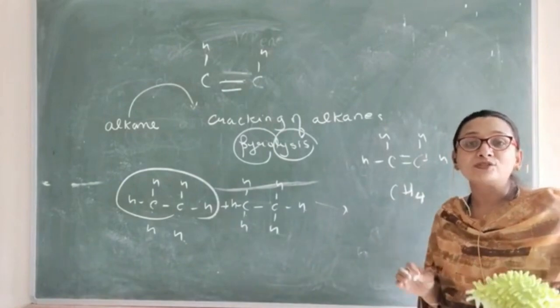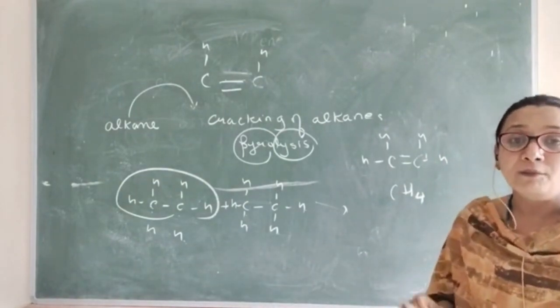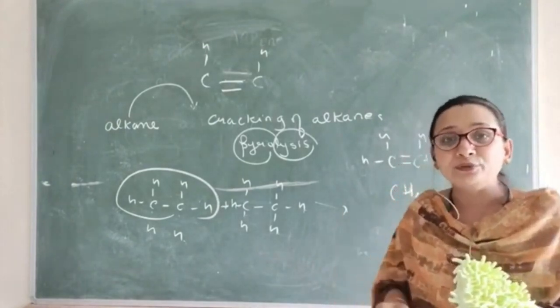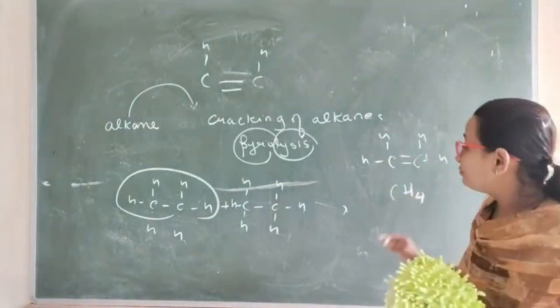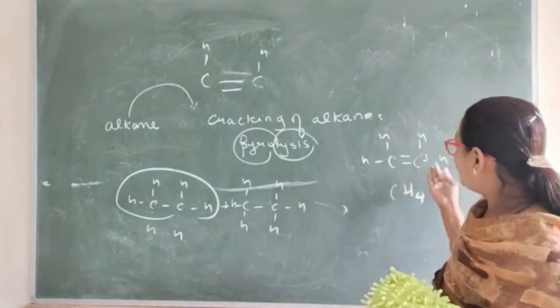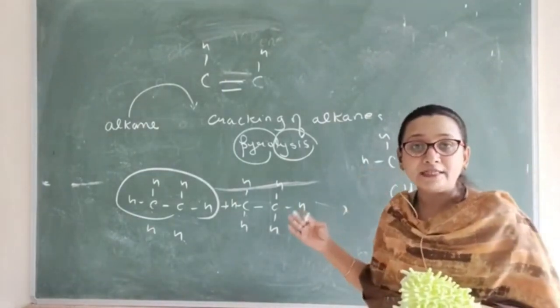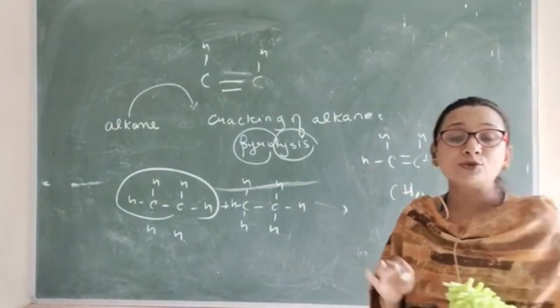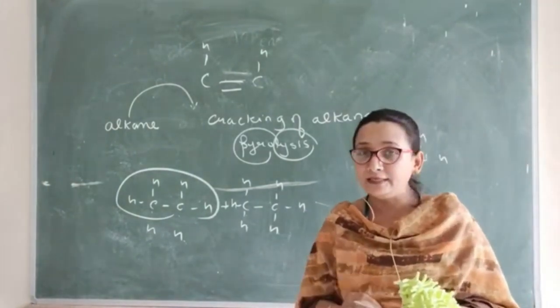This is what is called pyrolysis. That means the compound is getting broken down into smaller pieces of alkanes or smaller pieces of alkenes. So this is what we have discussed about the methods of preparation of alkene.